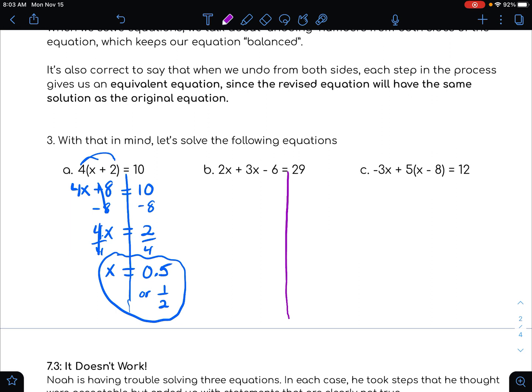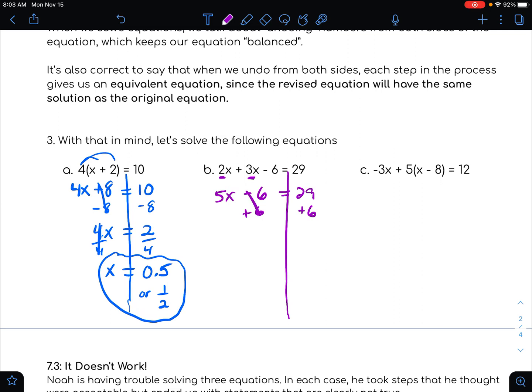All right, let's do this next one. This next one doesn't have any distributive property, but it does have a couple of like terms on the same side of the equation that we can put together. So before we start undoing anything, let's just add these together. 2x plus 3x would be 5x minus 6 equals 29. And now we'll undo like we did on the previous problems.